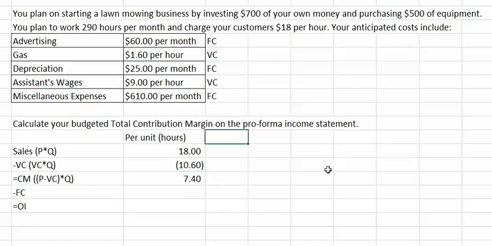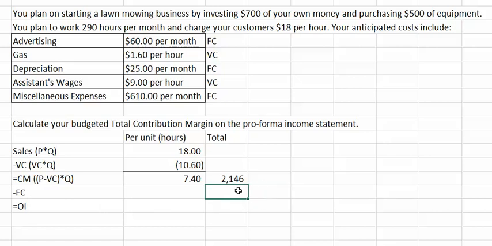The total, though, is going to be equal to the 7.40 times the quantity, and the quantity is the 290 hours, which you can see up here. So my total contribution margin is $2,146.